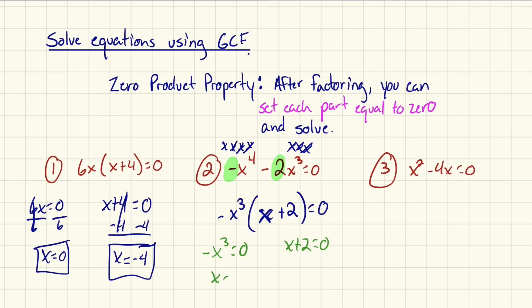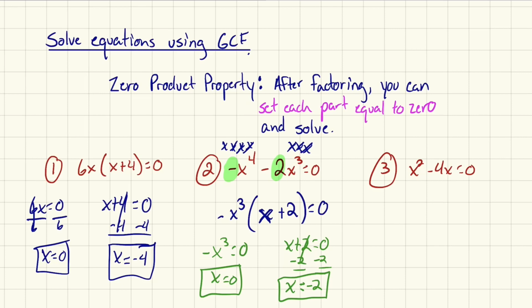That's just 0, right? So 0 times 0 times 0 is 0. That's an easy one. Anytime we get just a variable with any kind of exponent and it's set equal to 0, the answer is 0. And then in our second one, we know what to do. Just use opposite operations to get negative 2. And we're able to solve that.